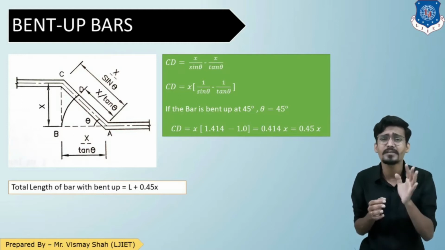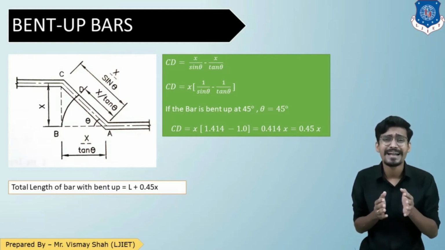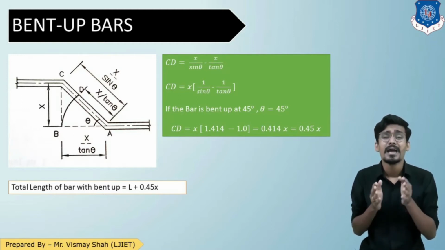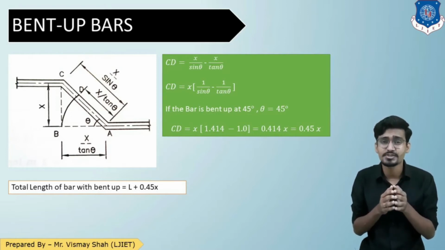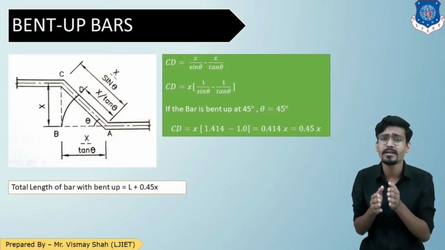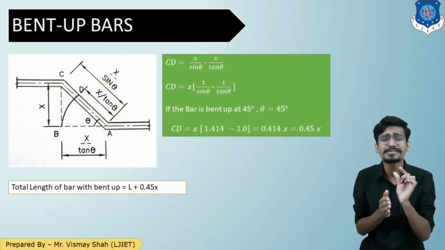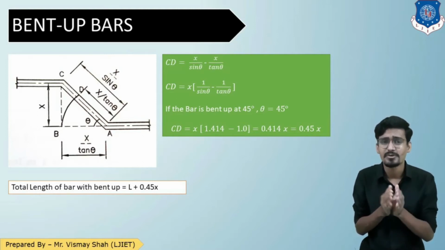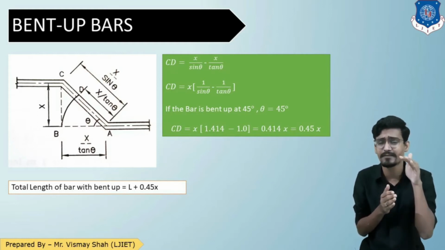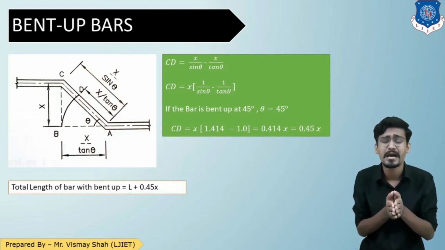The length of the bent up bar is considered as L plus 0.45x extra. Now you might be wondering what that x is. As represented in the figure, x is the center to center distance between the top level of the reinforcement bar and the bottom level of the reinforcement bar.